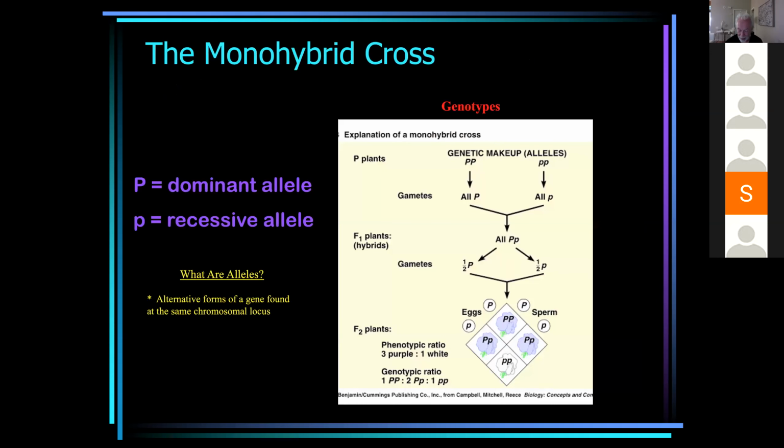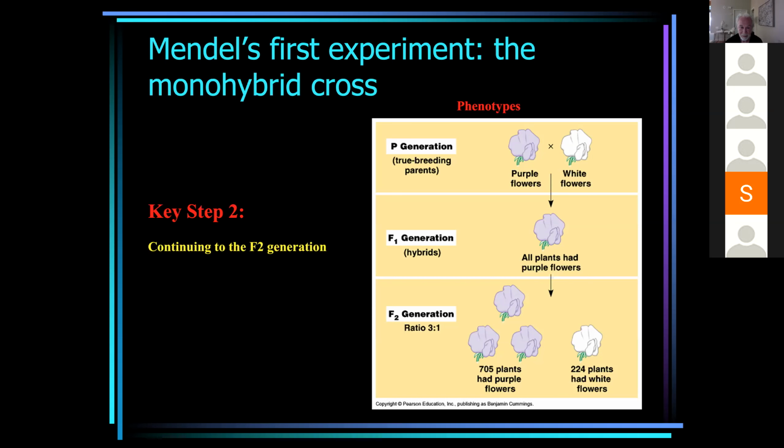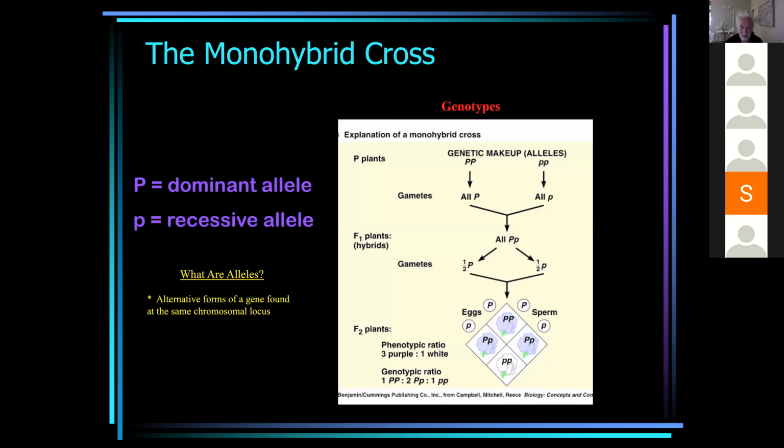And so that was phenotypes. Next, let's look at the genotypes. So in this case, the gene is indicated by the symbol big P for a dominant allele, little p for a recessive allele. What are alleles? They're alternate forms of the same gene found at the same chromosomal locus.